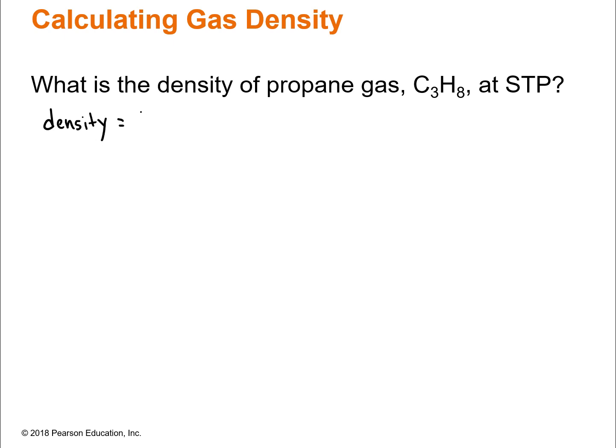We know that density in general is mass divided by volume. At STP, it's the molar mass, which I abbreviate MM, over the molar volume, MV.